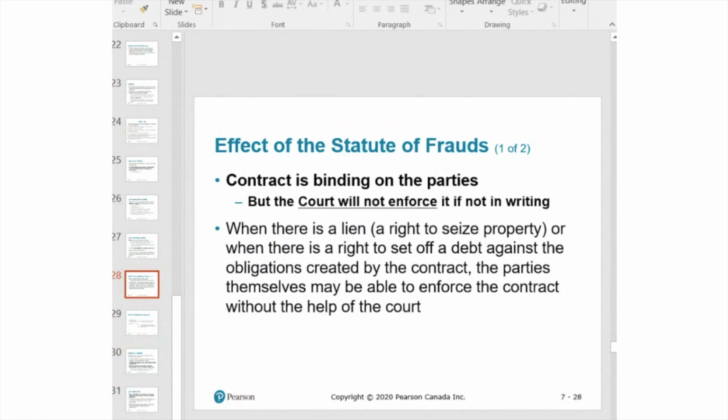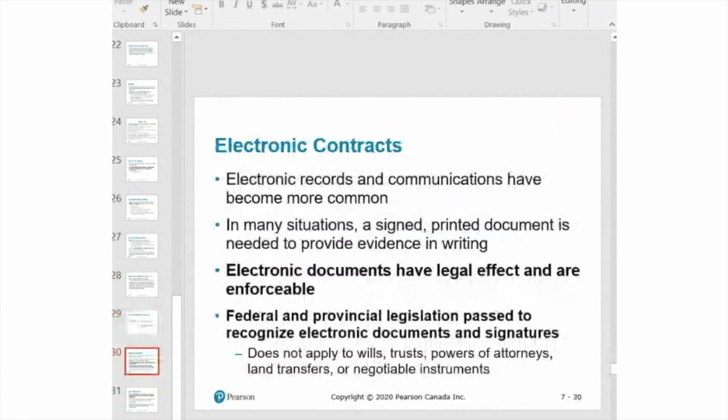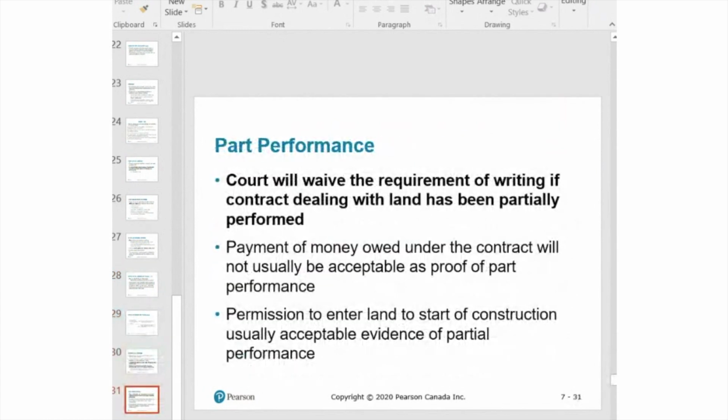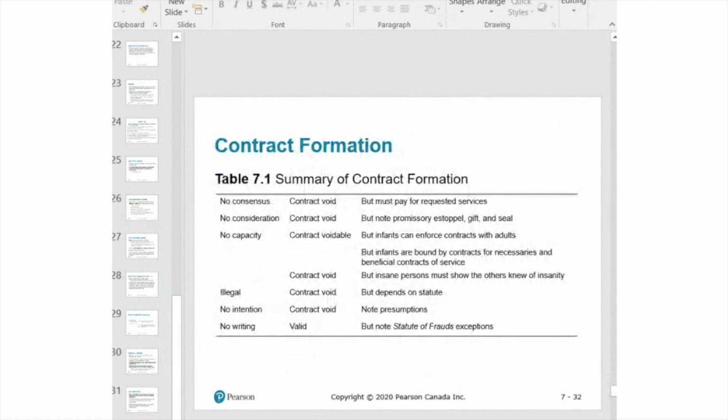Is that clear? We should have a written piece, we do not, because we forgot or we didn't know, etc. However, there's partial performance, a payment, or any obligation that was performed, then the courts will enforce that contract. So that was the last important piece here.